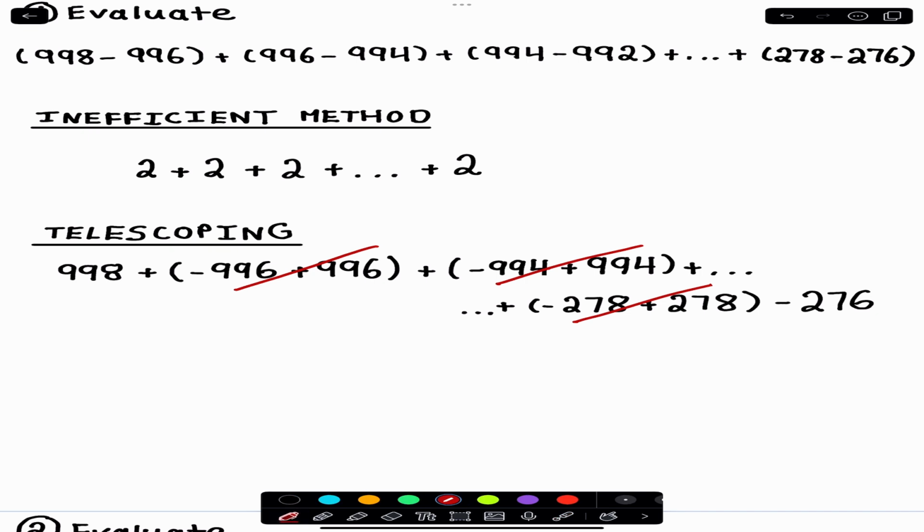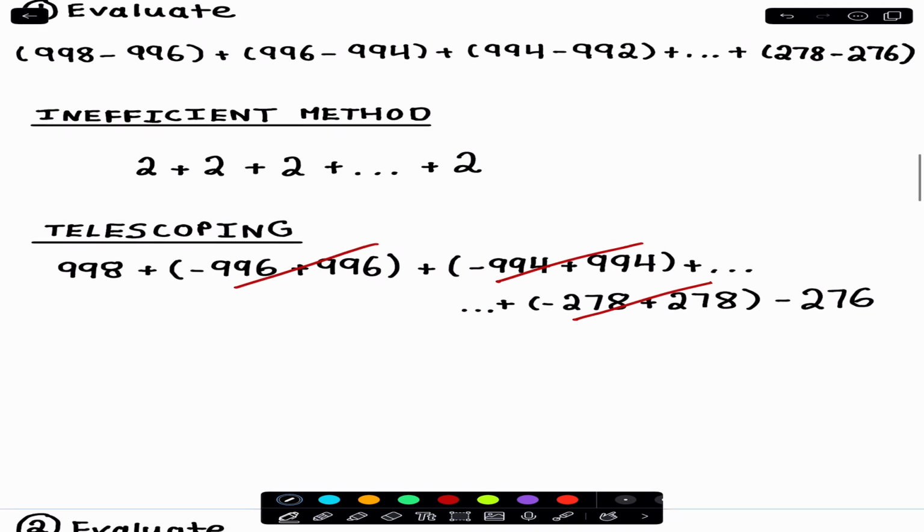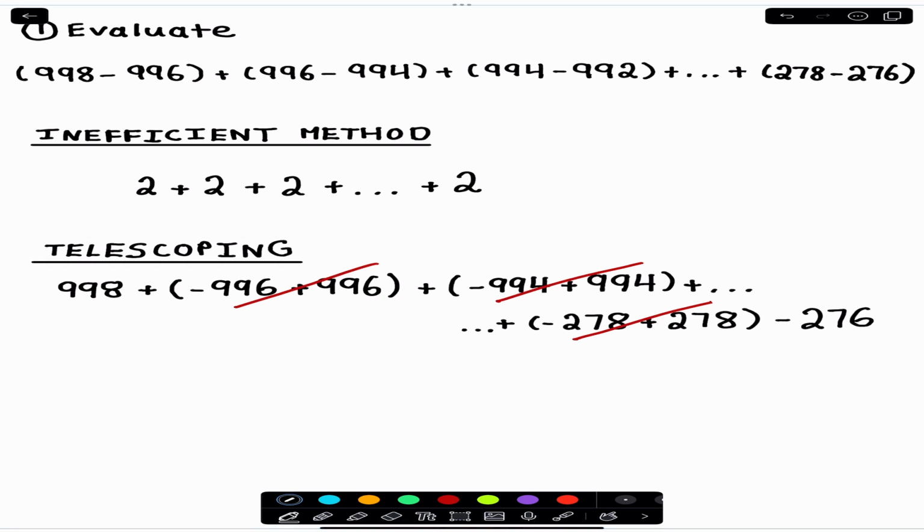So I think you can understand the telescope analogy a bit more. Basically, this whole middle portion just collapses. And in the end, we're just left with the ends. And I think we can agree that it's much easier to do 998 minus 276 than it is to sum up a bunch of 2's when we don't even know how many 2's there are in the first place.